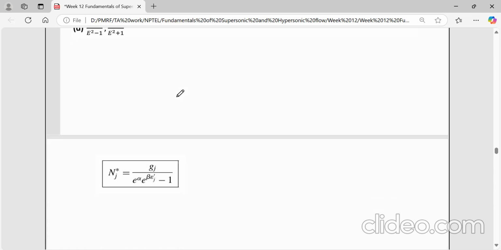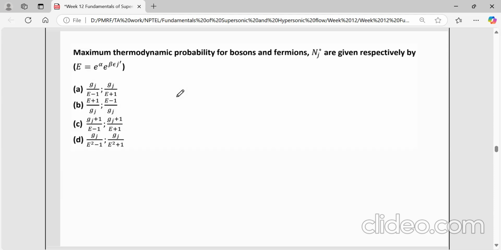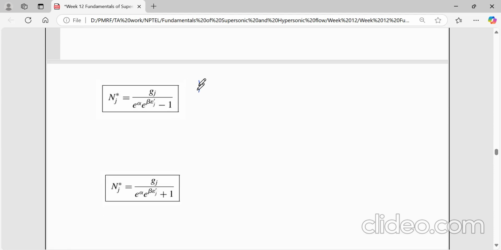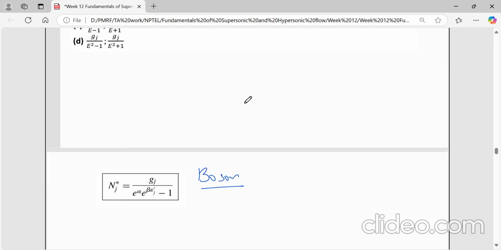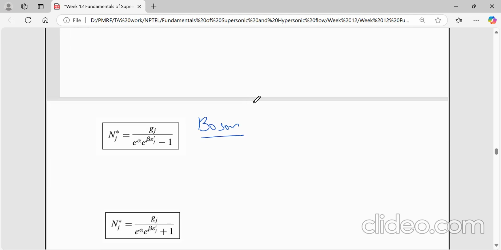Okay, let's see. For bosons, the number of particles in the jth energy level is given by Nj star, for the case of equilibrium, equal to Gj upon e to the power alpha, e to the power beta epsilon j dash, minus 1.